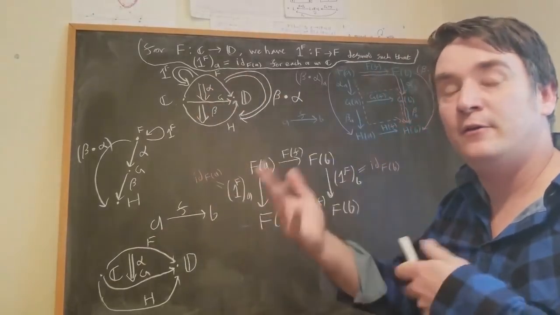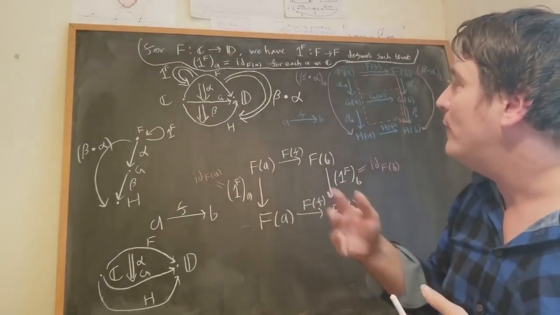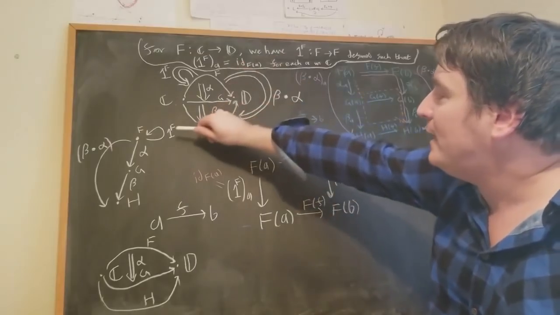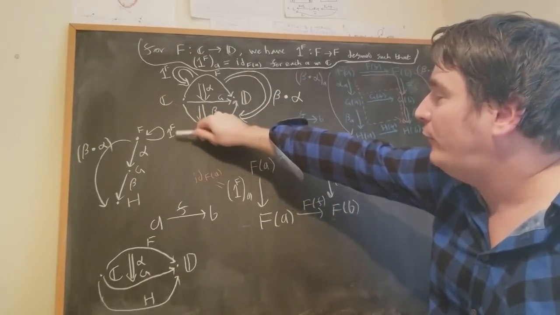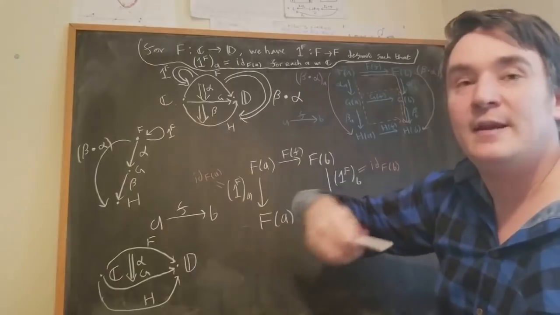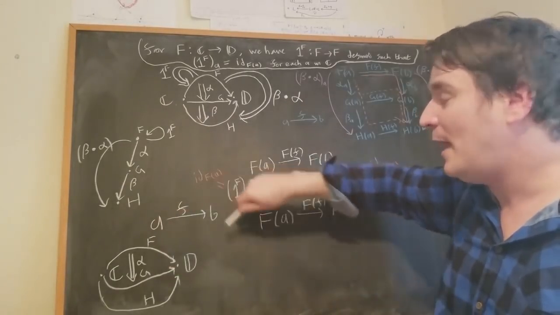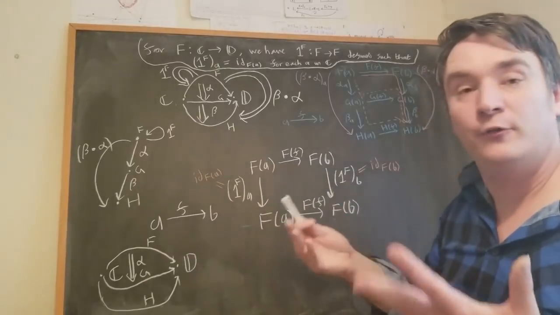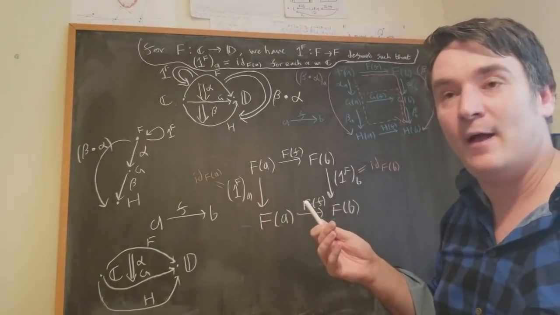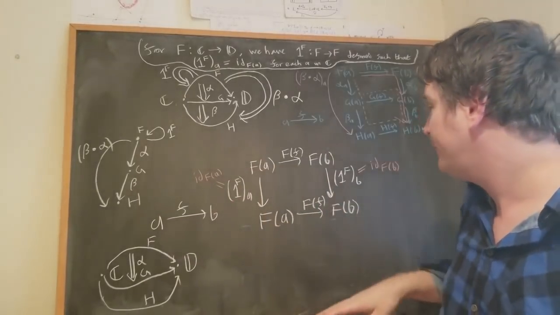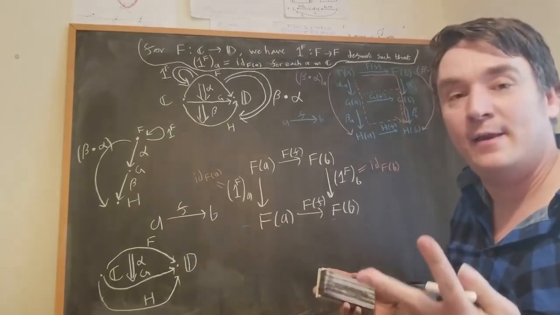And now we can do vertical composition upon them, and we have ideas of what we might consider to be identity natural transformations. So I'm now arguing that this whole collection actually constitutes a category itself, okay? So let me write that down.